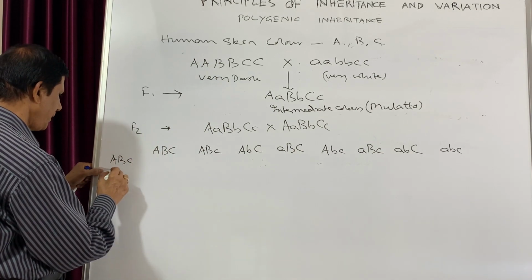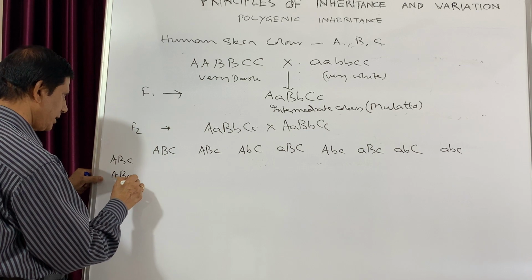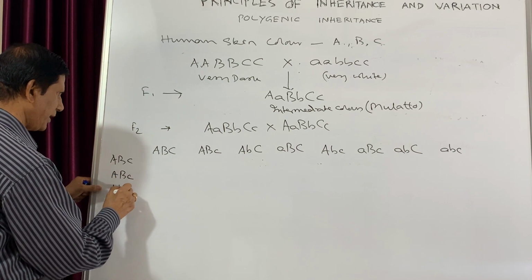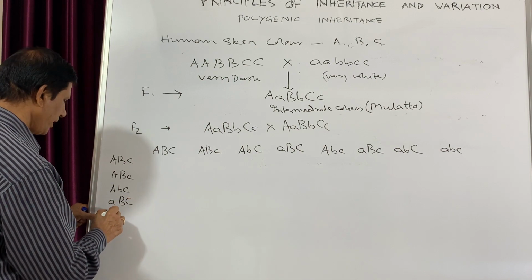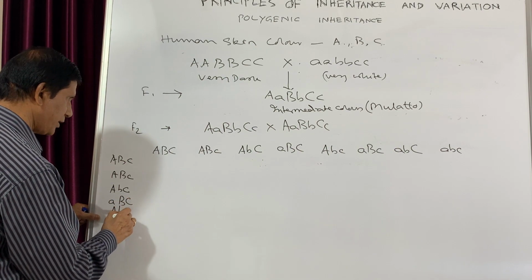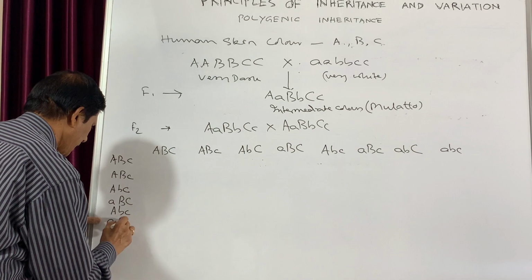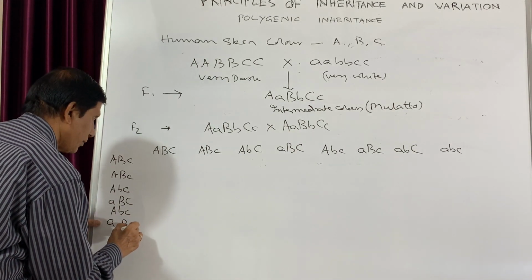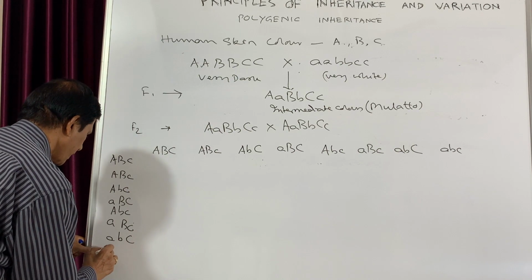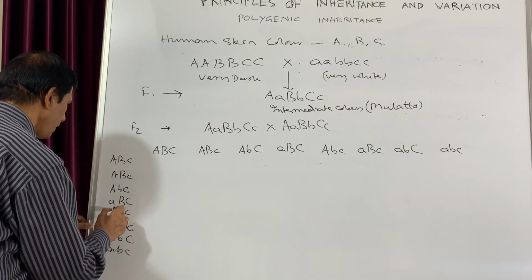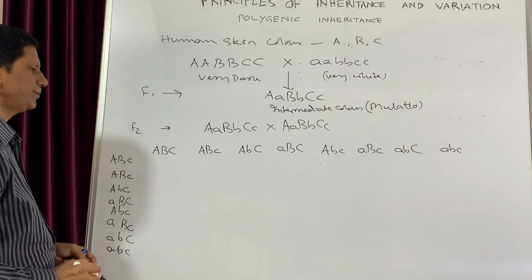A, B, C, then A, B, small c, then A, small b, capital C, then small a, capital B, capital C, then capital A, small b, small c, then small a, capital B, small c, then small a, small b, capital C, then small a, small b, small c. 1, 2, 3, 4, 5, 6, 7, 8.